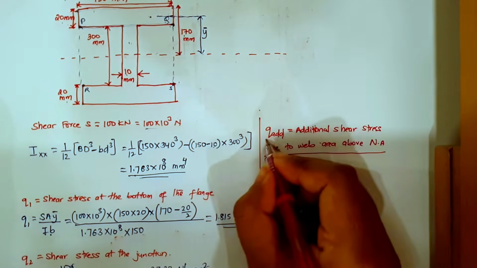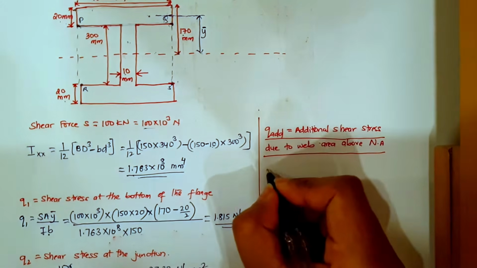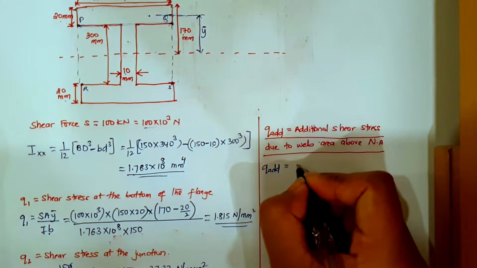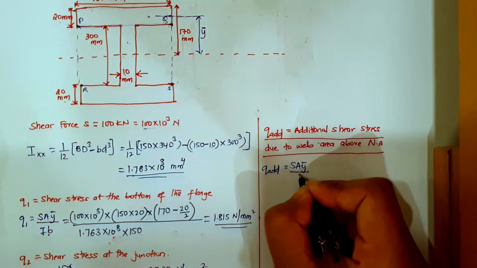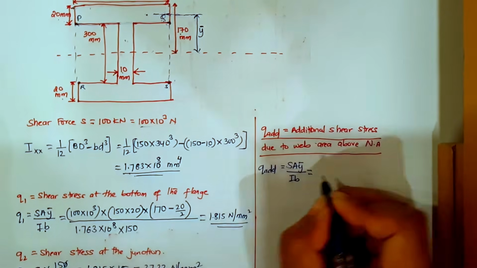So this is Q additional. Okay, now how do we find Q additional? Q add will be equal to S A y bar by I B. Okay, now how will we find this?